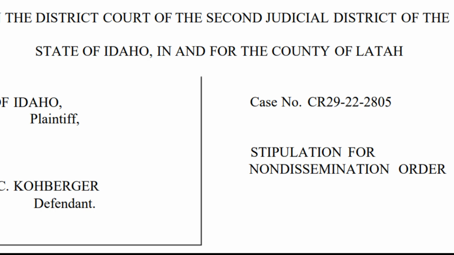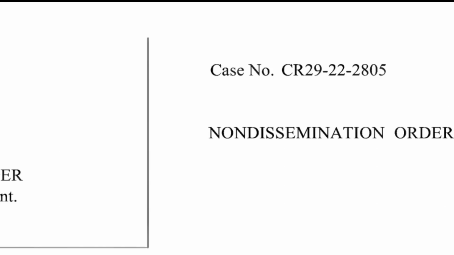Many things have been stipulated to, including a stipulation at the beginning of the case, January 3rd, 2023, that led to the issuance of the gag, aka non-dissemination order, that same day, that's been in effect one way or the other.